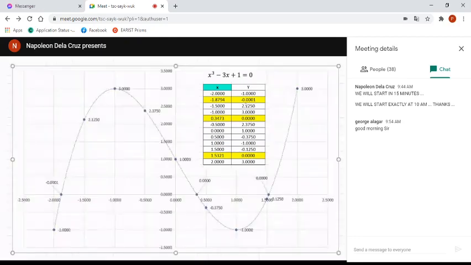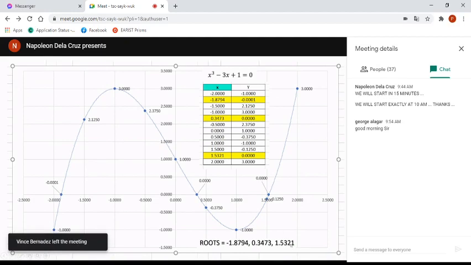Graph natin, ha? Ayan yung graph nito. Okay? The roots are as follows. Negative 1.8794, 0.3473, 1.5321.